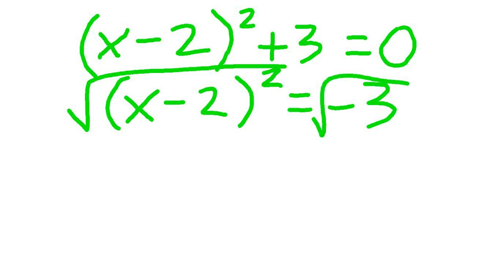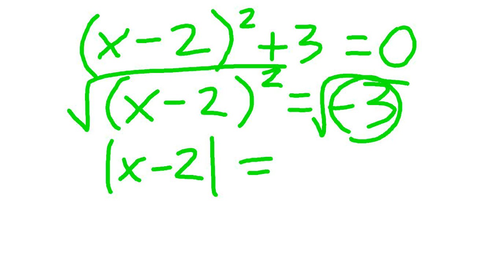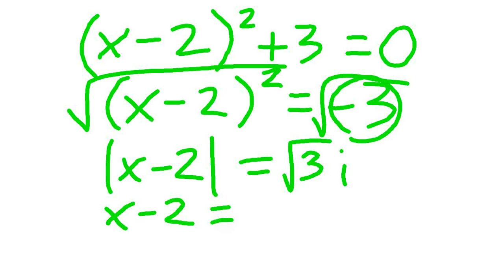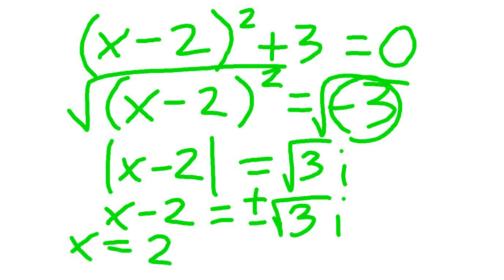And you'll see, when we take the square root of a negative number, we're going to end up with an imaginary number. So here's what happens. We get x - 2 equals the square root of negative 3, which is the square root of 3 i, so x - 2 equals plus or minus the square root of 3 i. So then x equals 2 plus or minus the square root of 3 i.